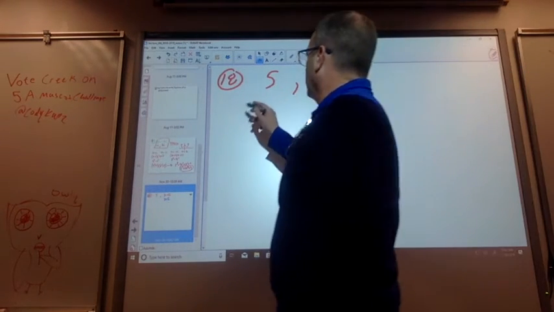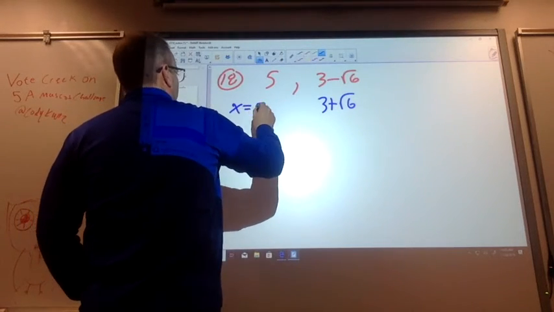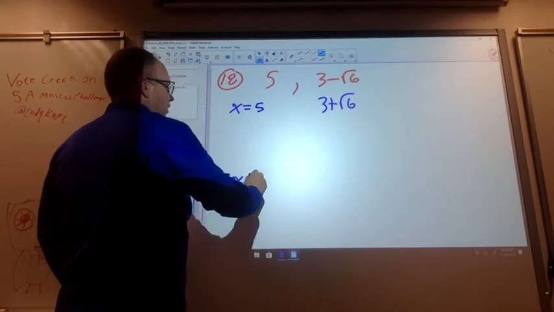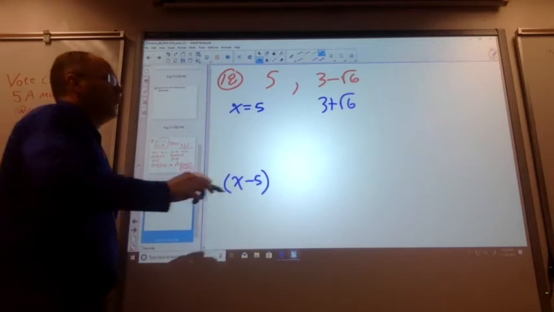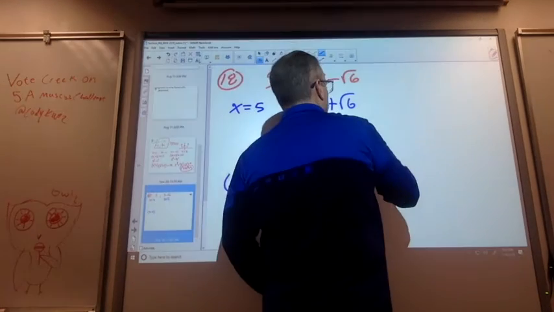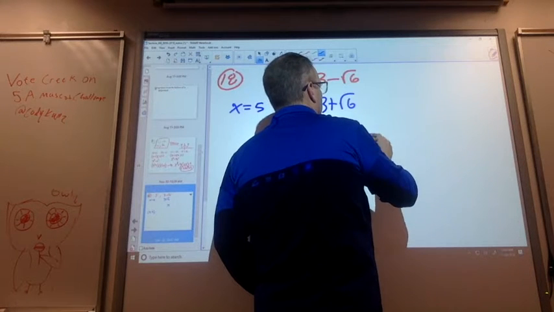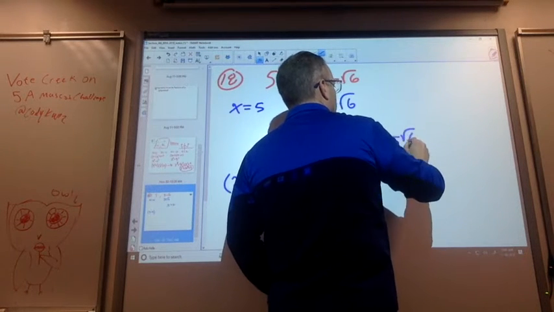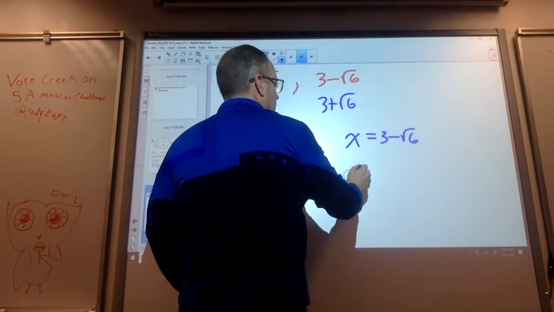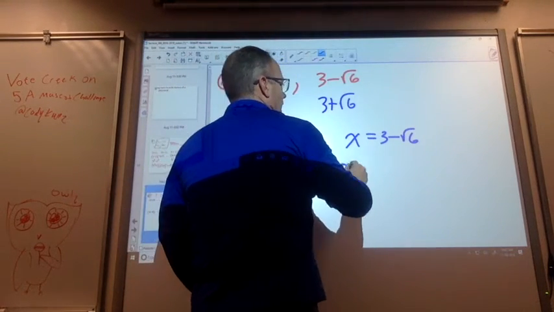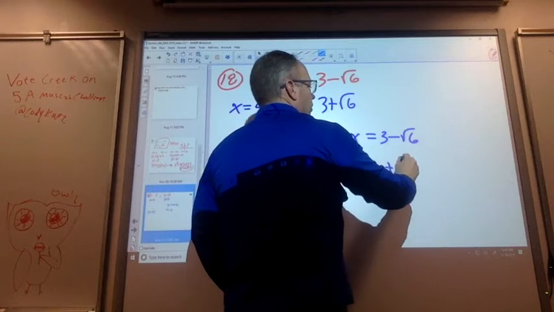Okay, so let's take care of this. That's going to give me x equals 5, which is x minus 5. Agree? So that zero's done. Then let's figure this out. x equals 3 minus root 6, so x minus 3 plus root 6 equals 0.